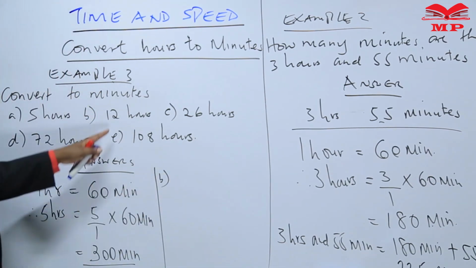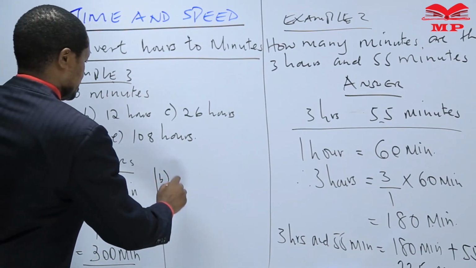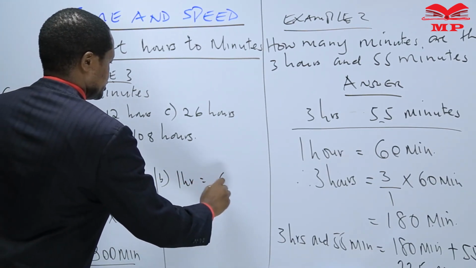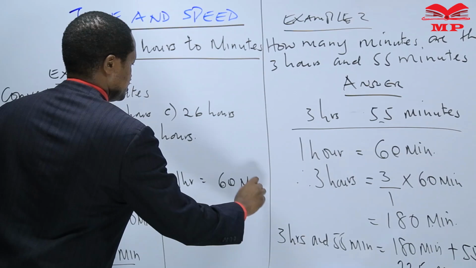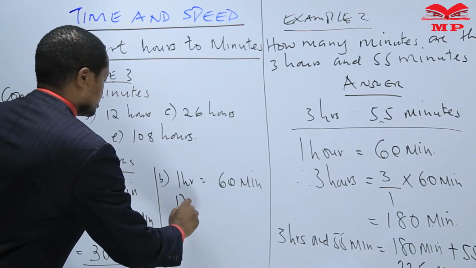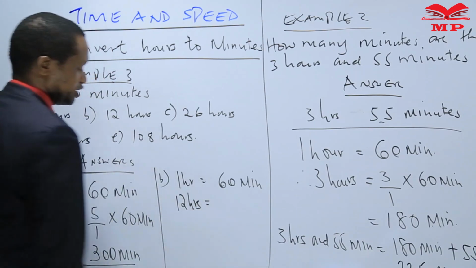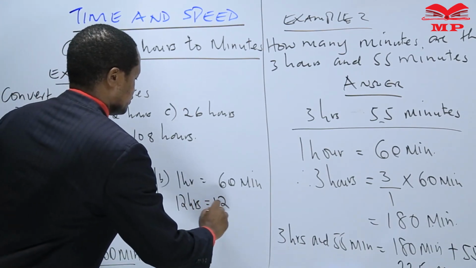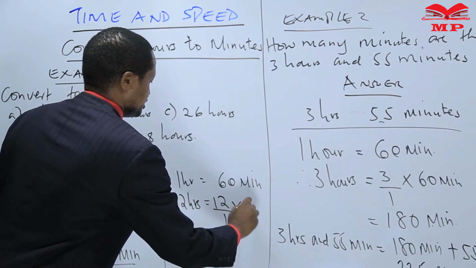Then I can do B here. B, 12 hours. 1 hour is equal to 60 minutes. Therefore 12 hours will be equal to 12 over 1 times 60 minutes.